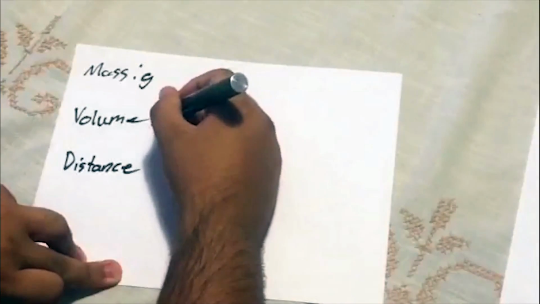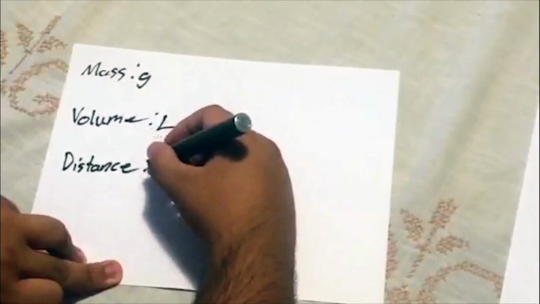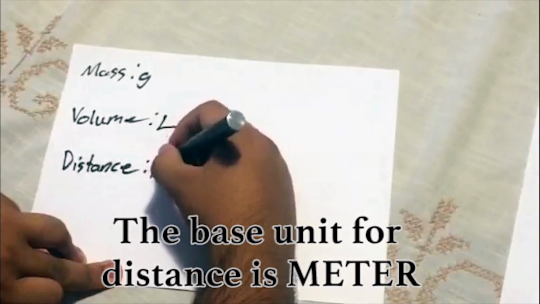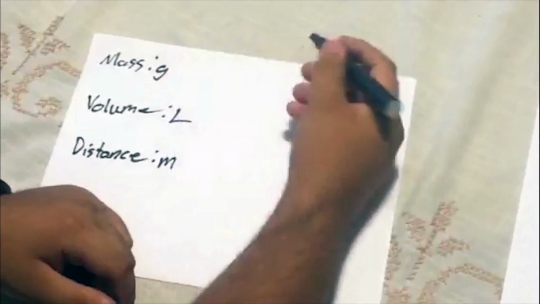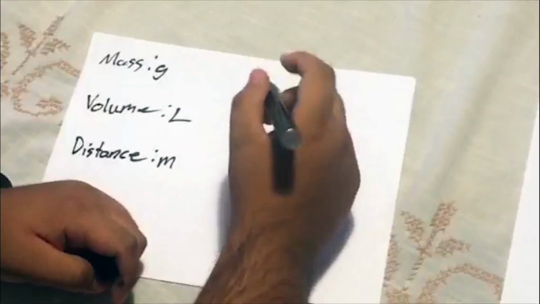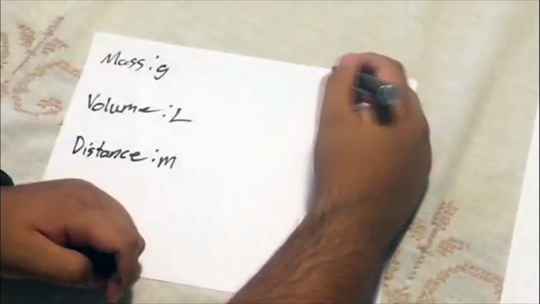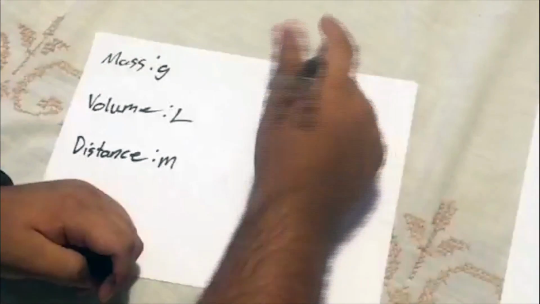Your base unit for volume is the liter, and the base unit for distance is your meter. Mass and volume and distance, they all get converted the same way by multiples of 10. And you have to memorize the prefix of what you have to convert into.